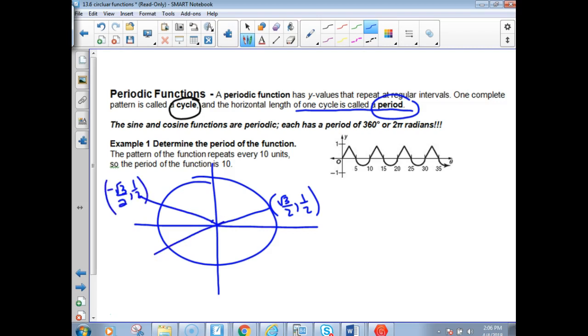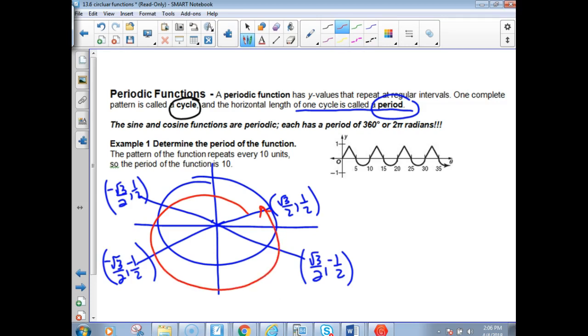In the quadrant where the reference of 30 has both negative, sine and cosine, and in this quadrant, it's positive for the cosine and negative for the sine. With that in mind, none of these points is really repeated. They all have the same values, but something is different about every one of those points. They're different locations. So the pattern doesn't repeat until you start doing angles that are coterminal.